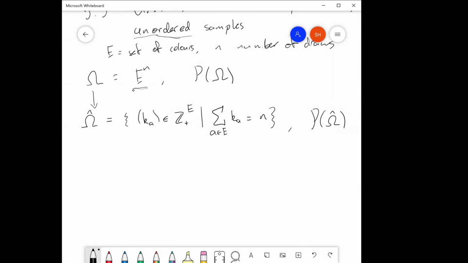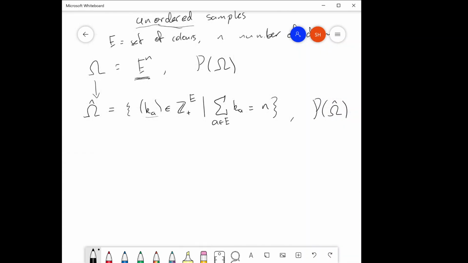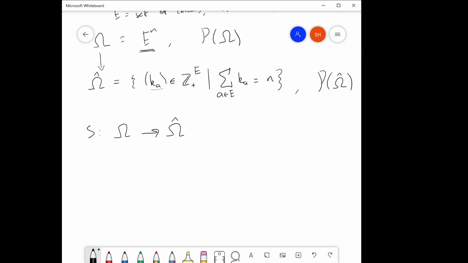You map an element in here to how many times color a appears, and that's what you'll call k_a. So let's write that out. S from Ω to Ω-hat takes a list of colors and maps it to S_a of the list, for a in E.